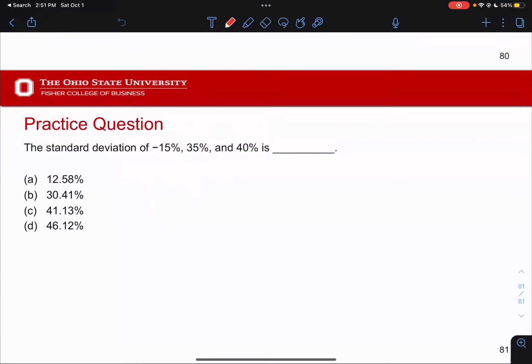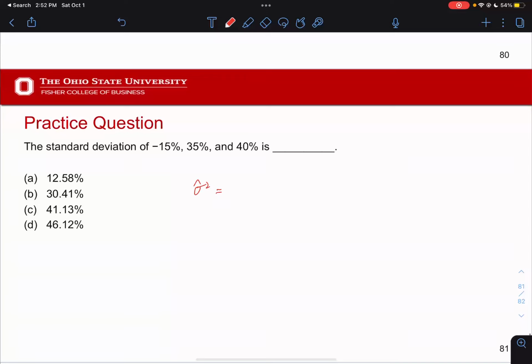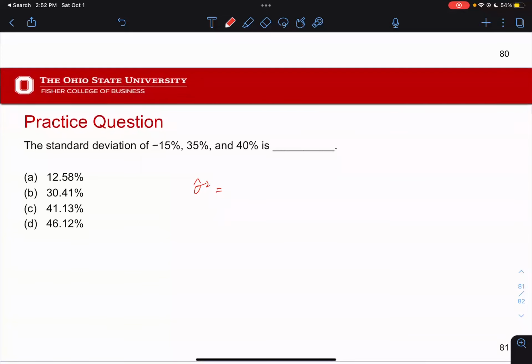It's here. So, well, I made a mistake in class. I didn't even remember the formula for standard deviation using sample standard deviation. Just to recap, we need first to know the sample variance, which is, suppose you have n returns, the formula is like this.